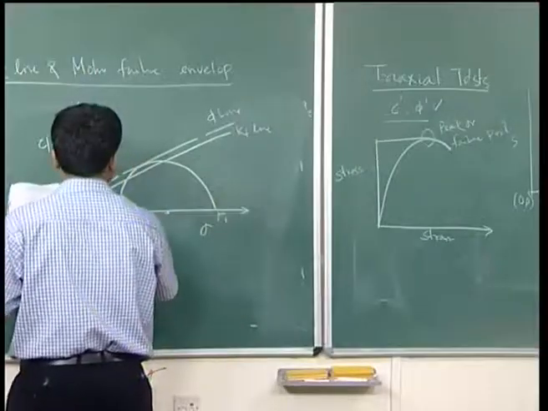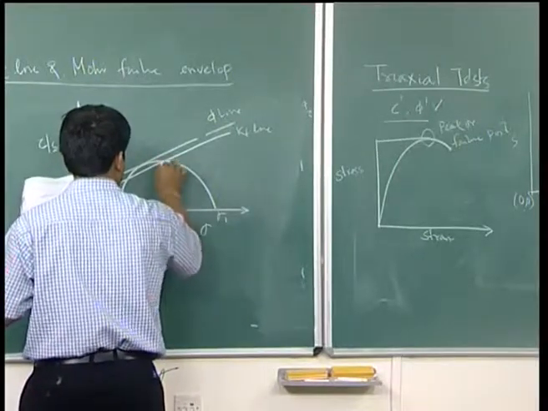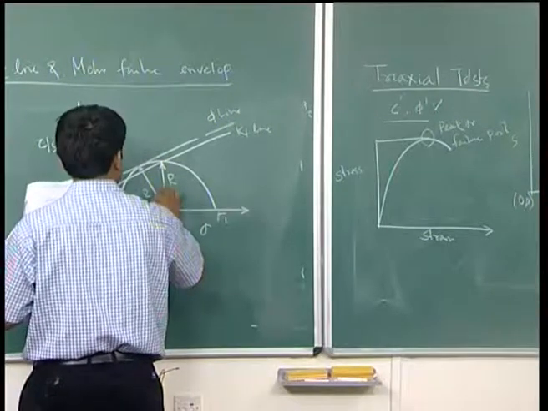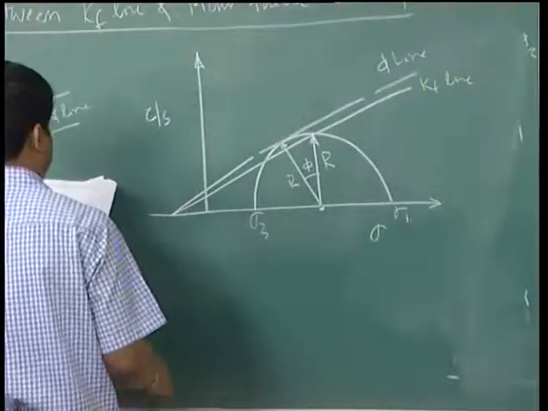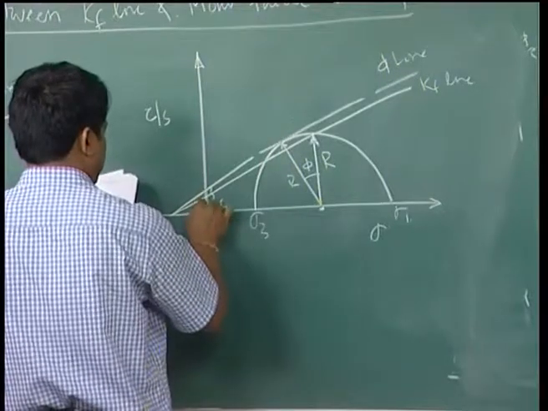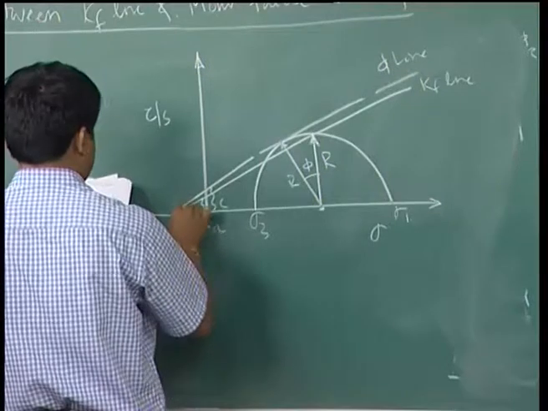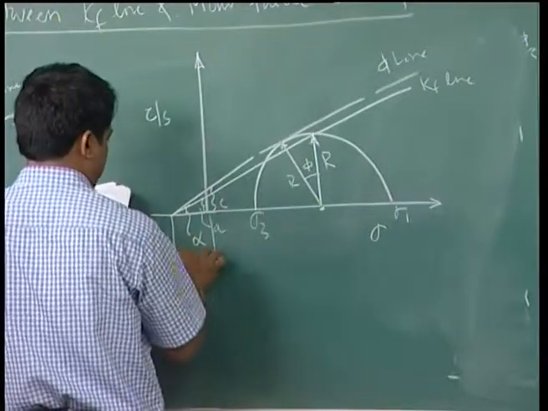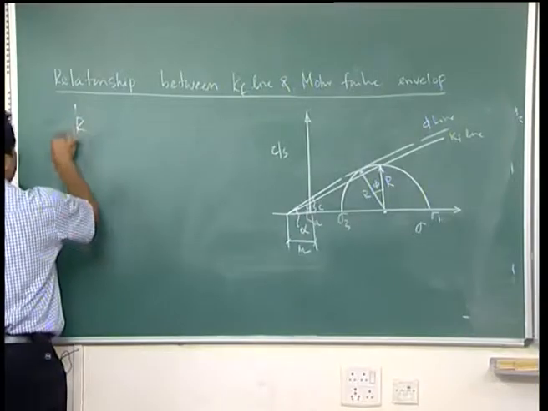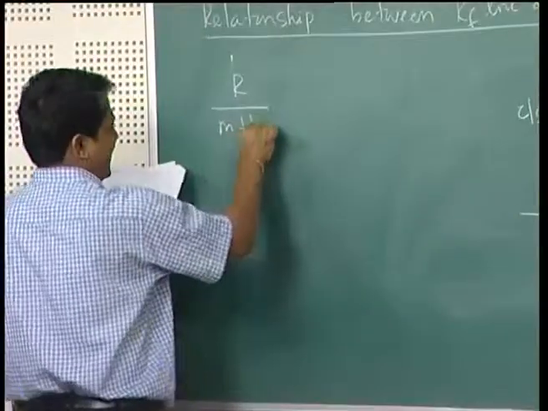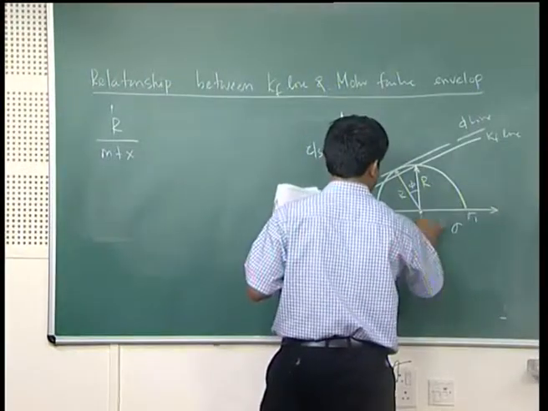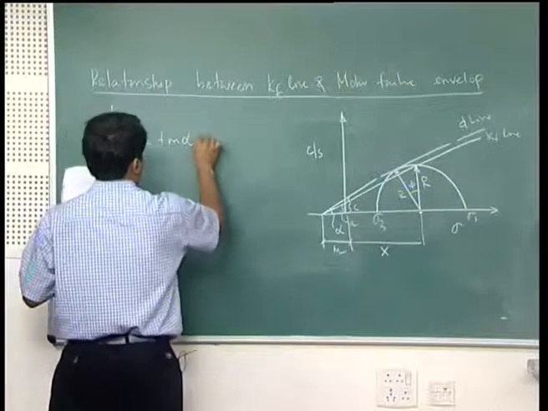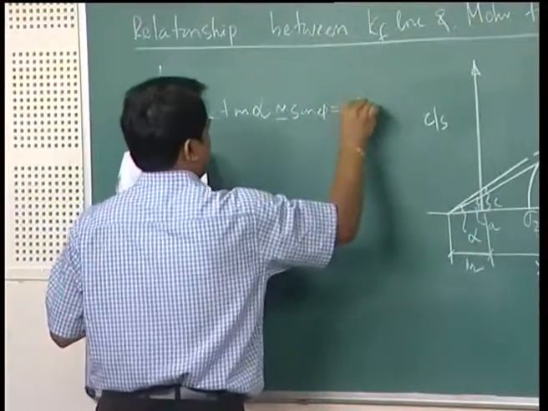This is my sigma 1, sigma 3, R, this is your phi, then this will be C and this will be A and this will be alpha, and from here to here will be M. R by M plus X, and this distance is X. tan alpha is equal to sin phi, which is equal to A by M.